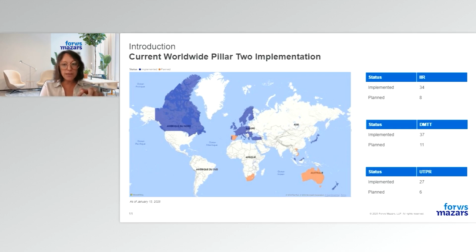So this shows that there is no common approach in the implementation of Pillar 2. And we can see also that the number of jurisdictions evolves from day to day. For example, Gibraltar enacted GMTT end of December, so less than a month ago, that is applicable for fiscal year 24. So close monitoring of Pillar 2 implementation is key to managing Pillar 2 within a group.